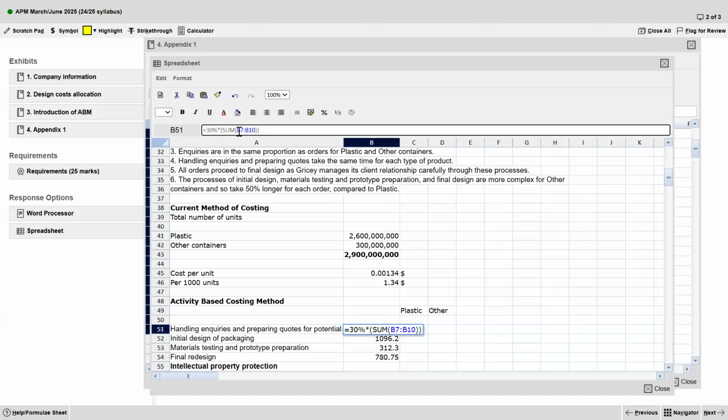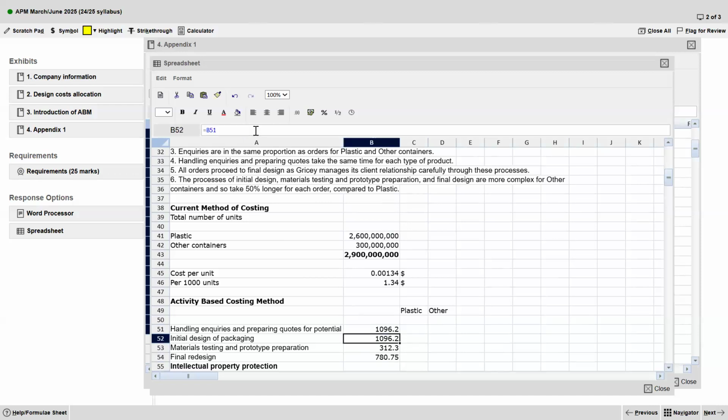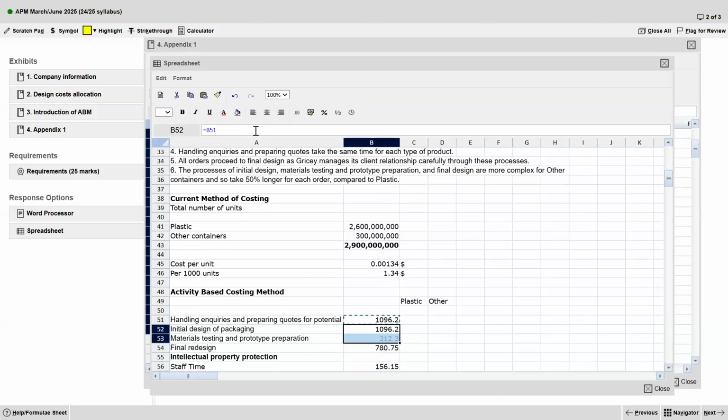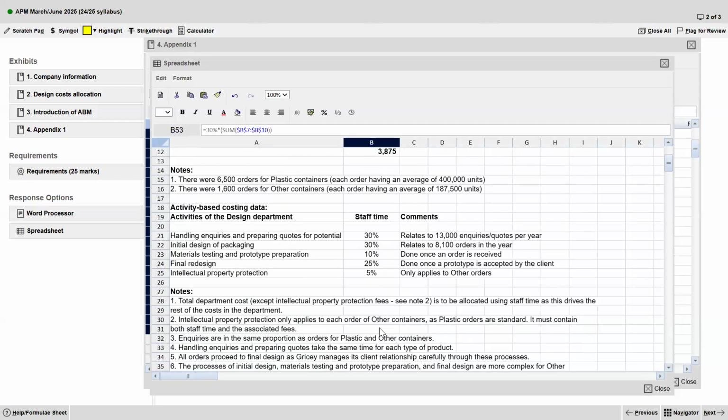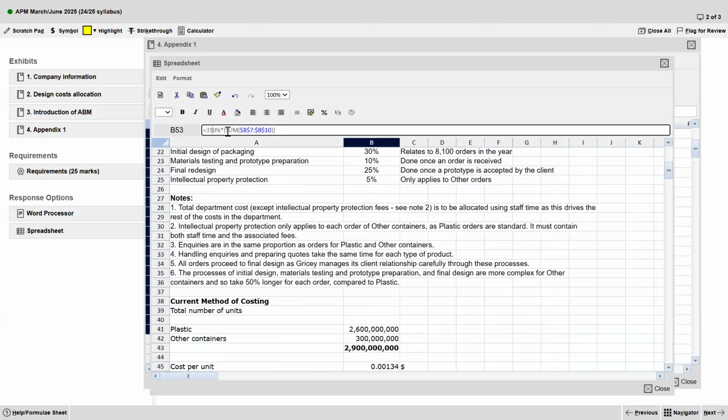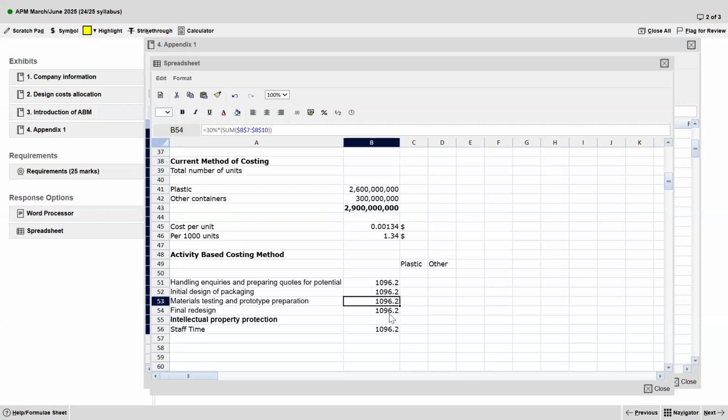If I lock these cells by putting a dollar sign in here, I'm just copying the formula and changing the percentage. So this is 30%, this is 30%, and this one is 10%. This one is 10%.